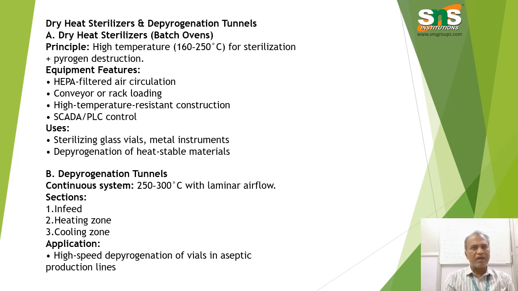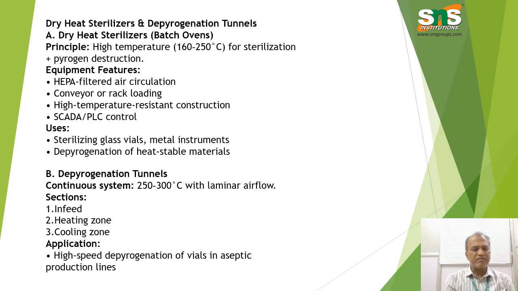Next, rack loading and HEPA filtered air circulation to prevent the passage of very small microbes. It is used for sterile glass vials, metal instruments and depyrogenation of heat stable materials. Depyrogenation plays a vital role in the sterilization process, removing pyrogens and making the sample pyrogen free.